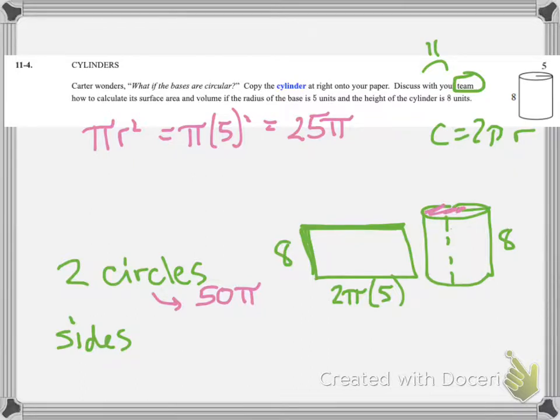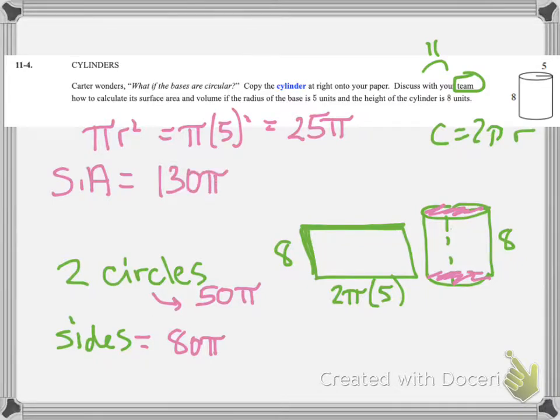So that's this area plus this area down here. And then the sides is 8 times 2 pi r. So that's going to be 8 times 10 pi, or 80 pi. So the total surface area is going to be 80 pi plus 50 pi, which is 130 pi.